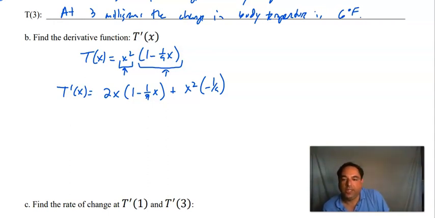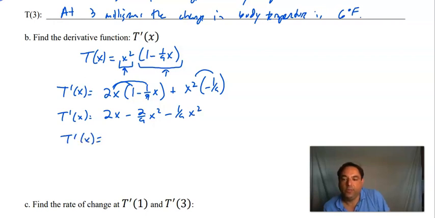So when we clean this up, 2x times 1 is 2x. 2x times negative 1/9 x is minus 2/9 x squared. x squared times negative 1/9 is negative 1/9 x squared.